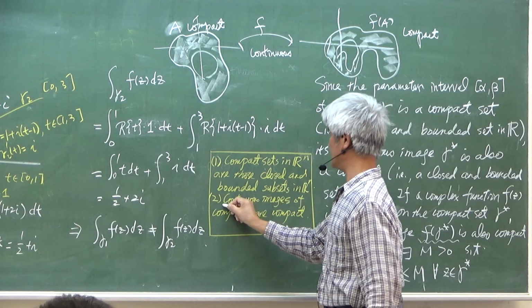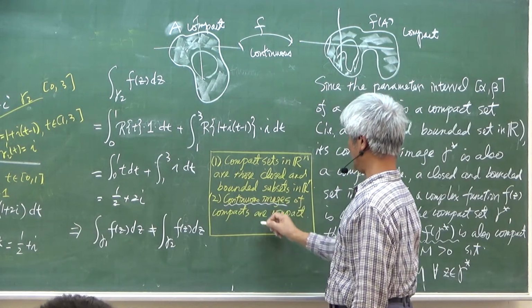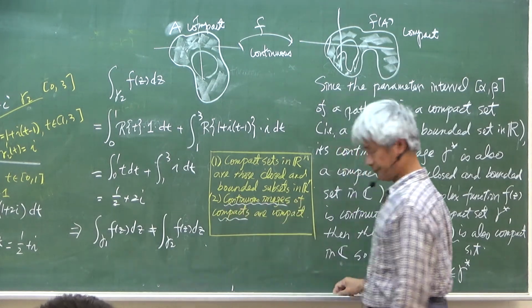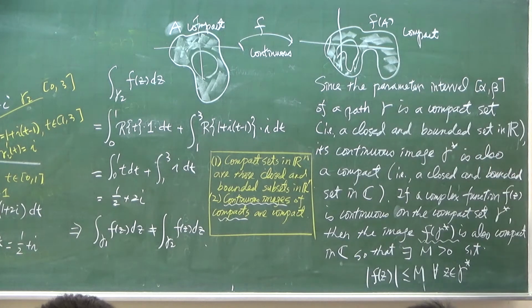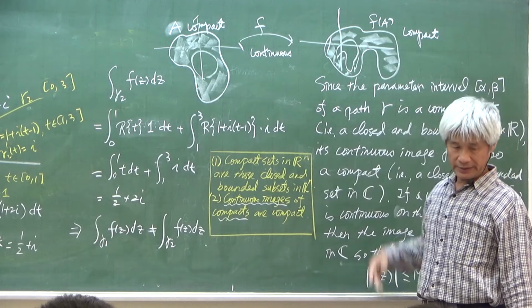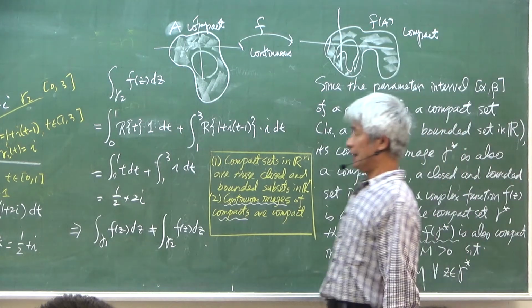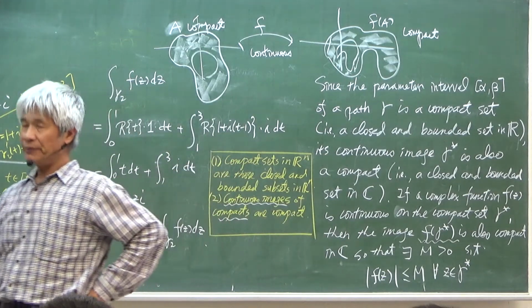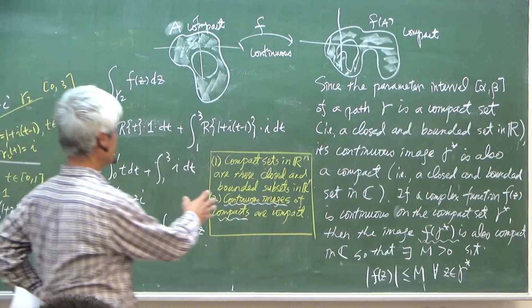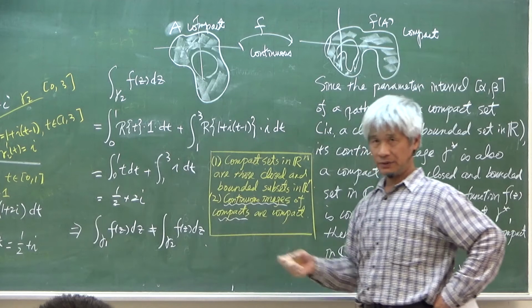So continuous image of compact sets is compact. So this is a general principle you can use. And in calculus, the extreme value theorem is just a special case of these two concepts.